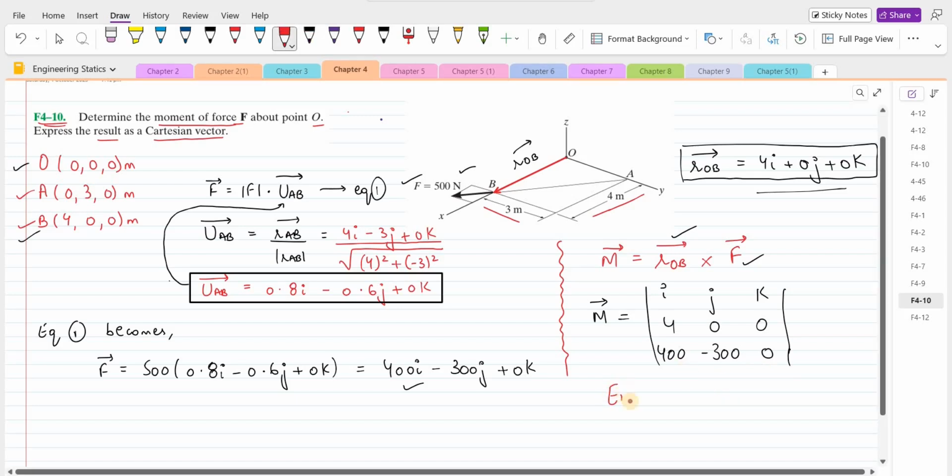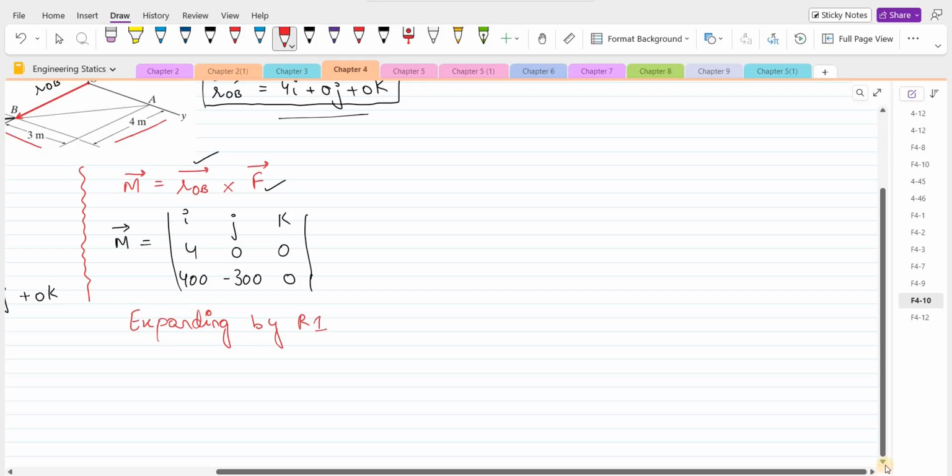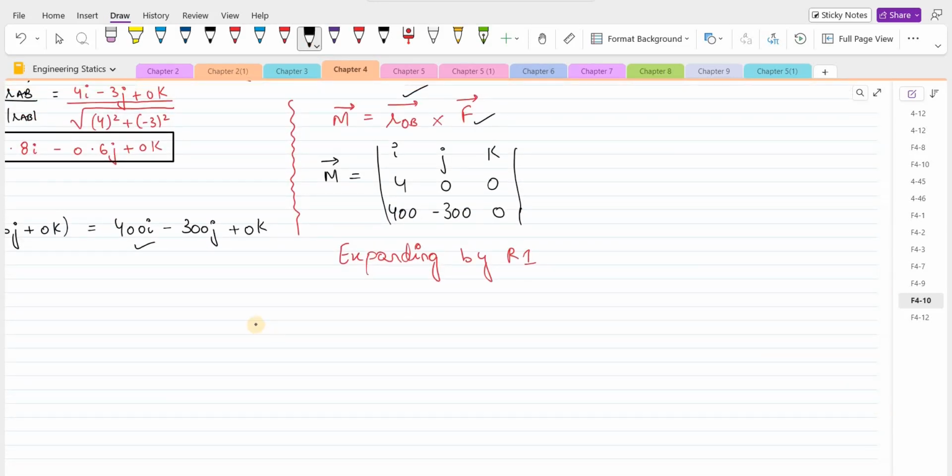So expanding by row 1, the moment vector M can be written as i. When we do the expansion by row one, we have to ignore these elements and consider only these ones.